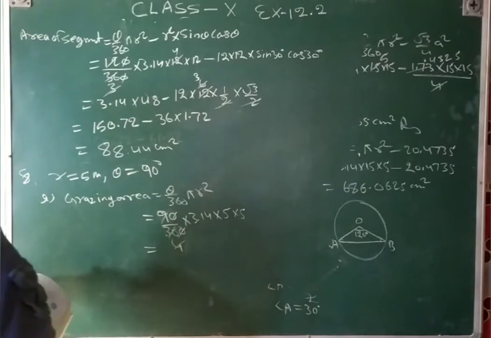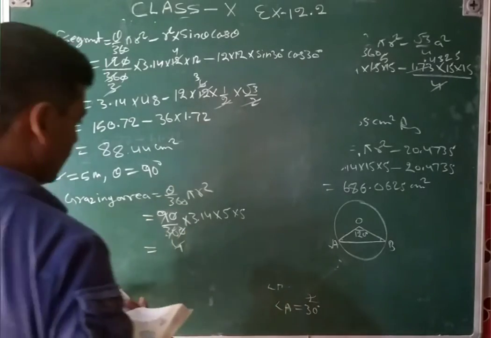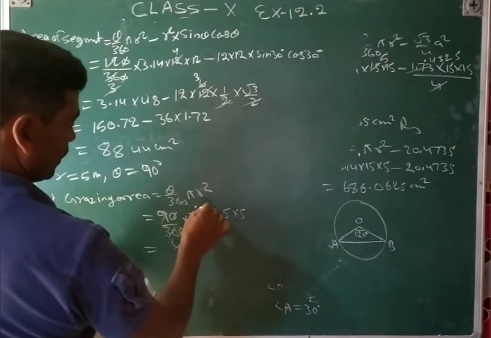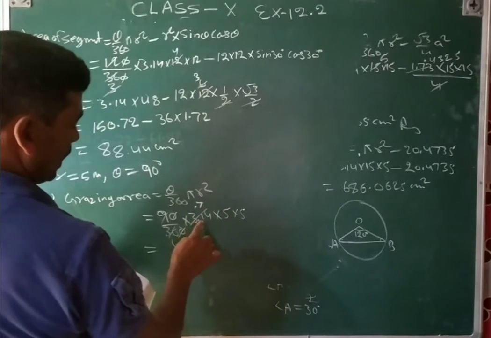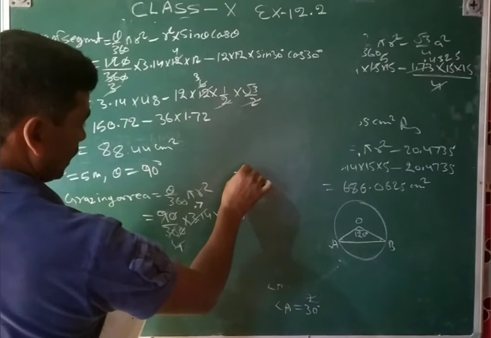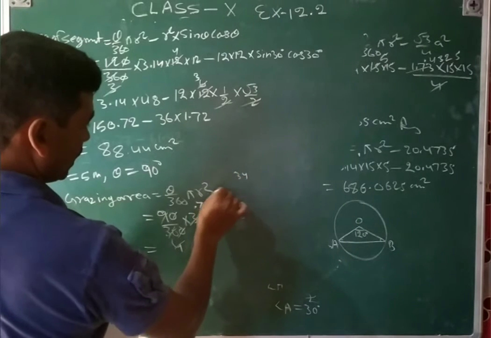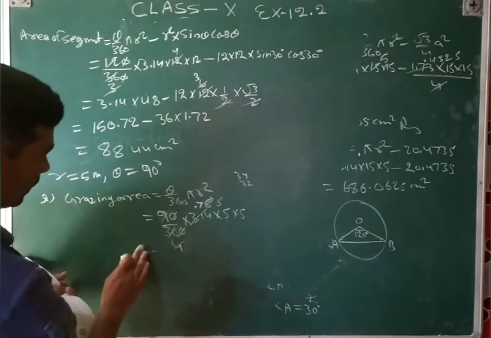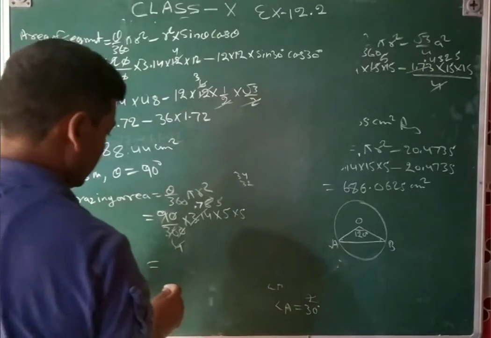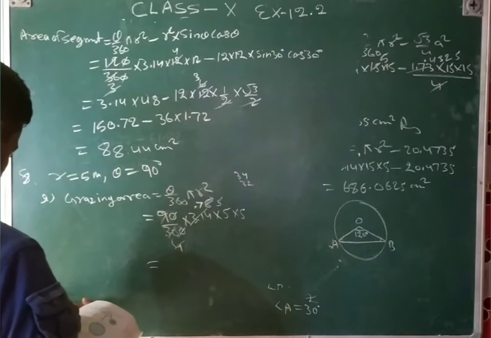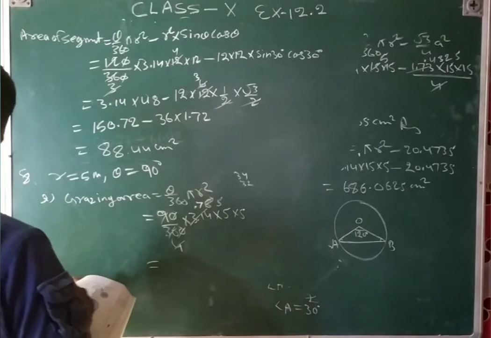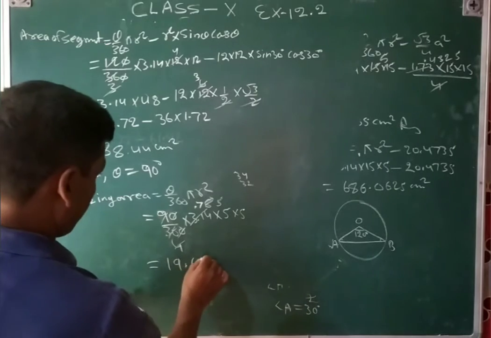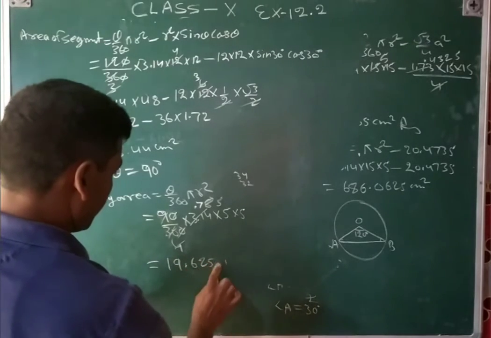That answer we need to find in decimal. So 4 7s are 28, and then left is 3. Now 4 8s are 32, then 25. By multiplying that, that will be 19.625 meter square.